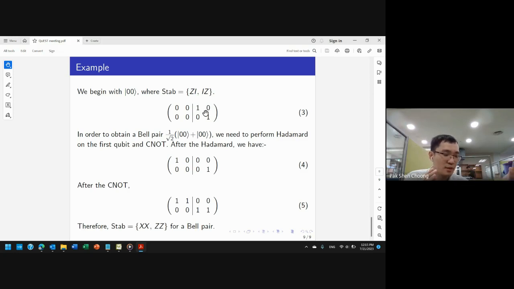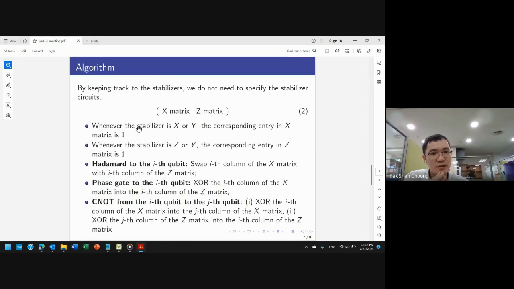So if you multiply X and Z, you get back your Y. That's how the rules are made. Why they include the Y inside is because if your stabilizer contains Y, you can multiply your X and Z to get back your Y. So this is the reasoning.